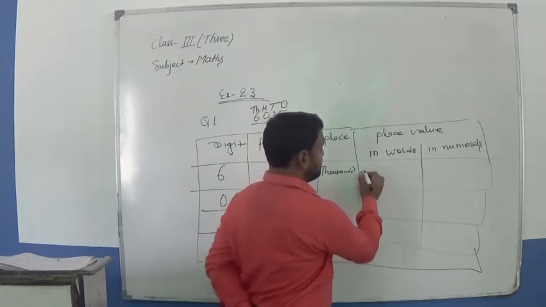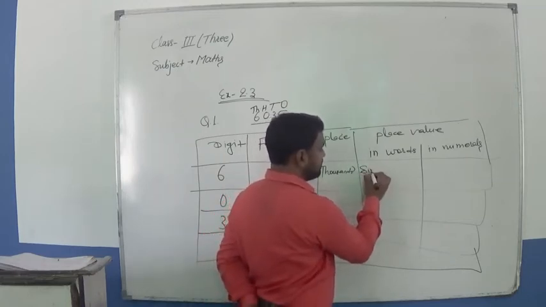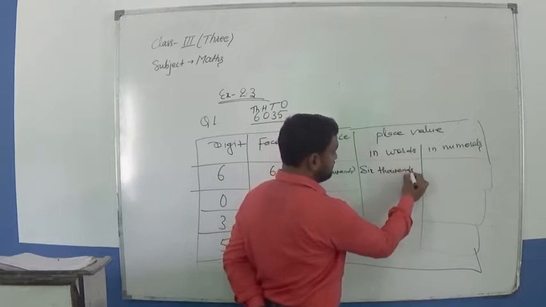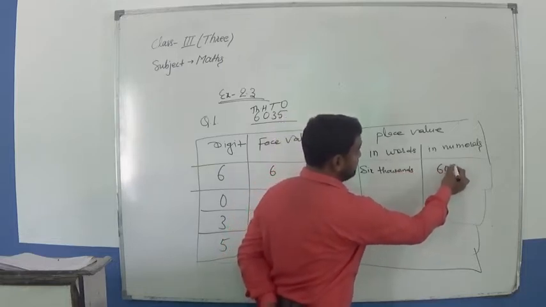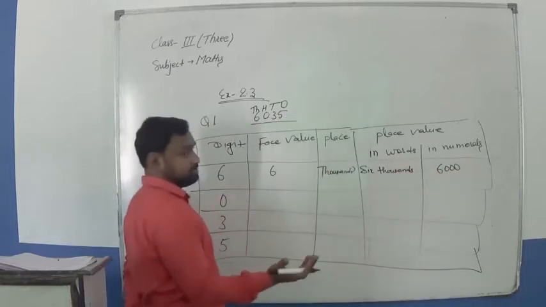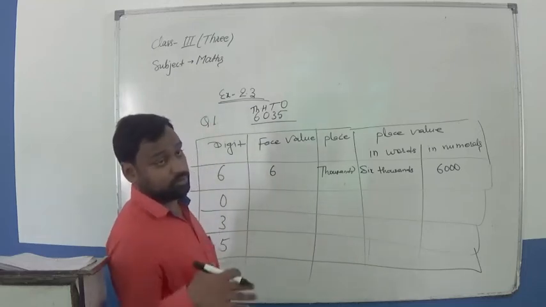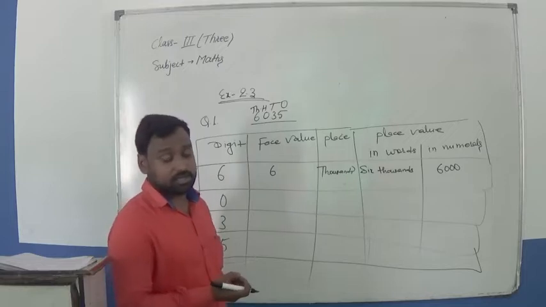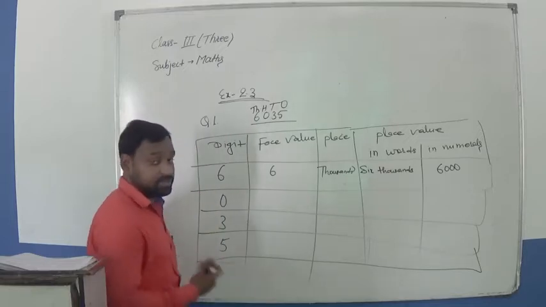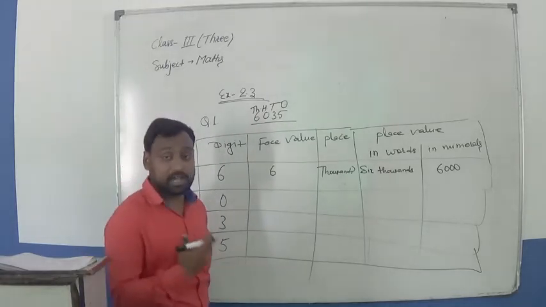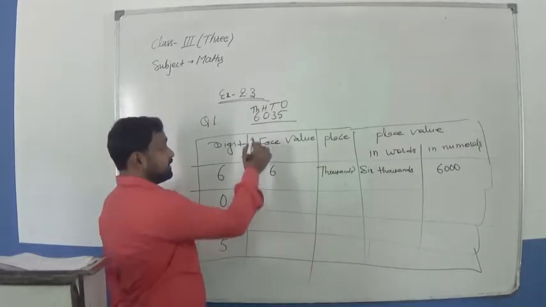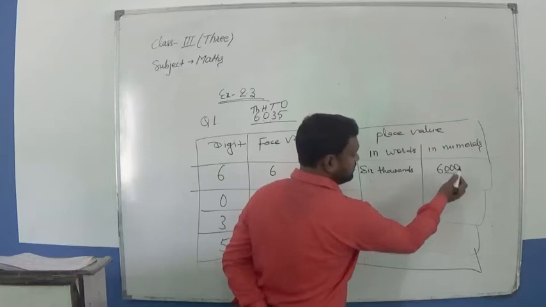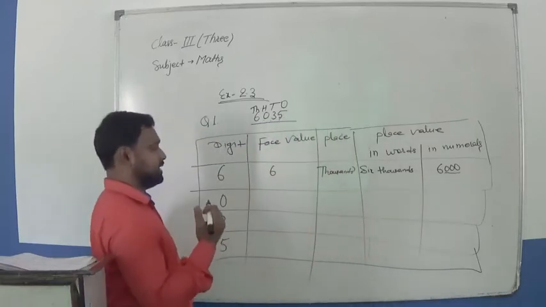In words you write 6 thousands, and in numerals 6000. How many zeros will be there after a digit depends upon the number of digits after it. There are 3 digits, that's why there will be 3 zeros.